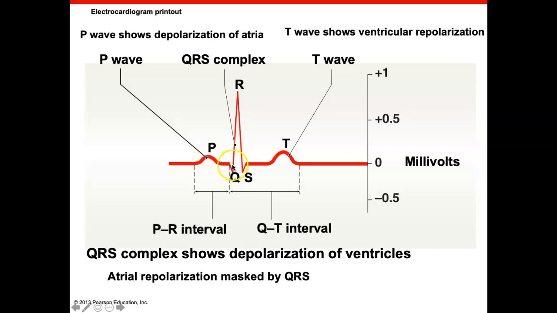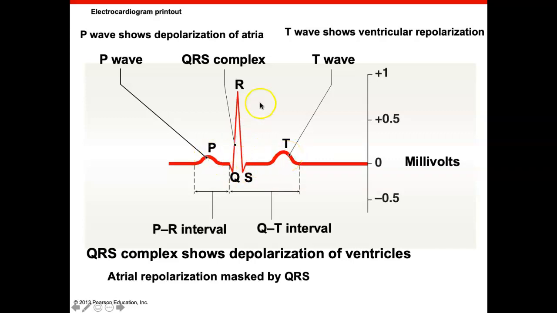Well, right here is where the atria would relax, but the contraction of the ventricles, the QRS complex, is so much stronger, it kind of hides or masks the relaxation of the atria. And then the T is the relaxation of the ventricles.